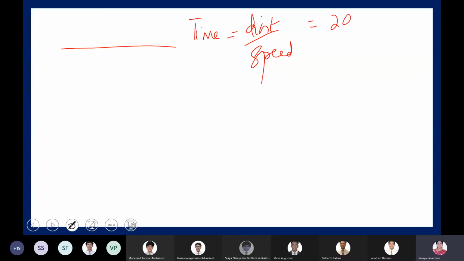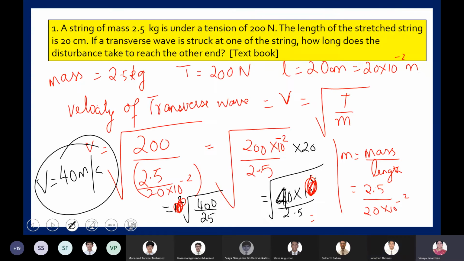It was 20, right, boys? What is the speed? Twenty centimeter means what? Length is given in centimeter, one second, boys. Yes, boys.